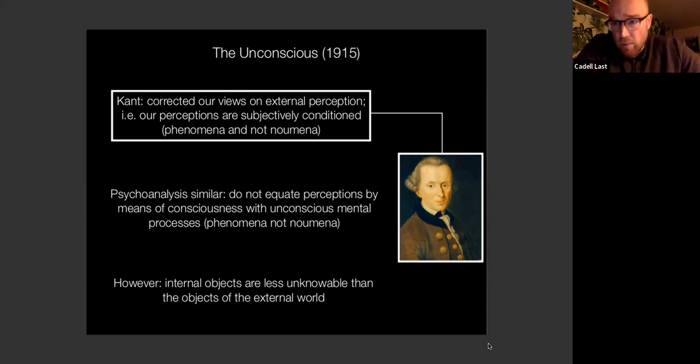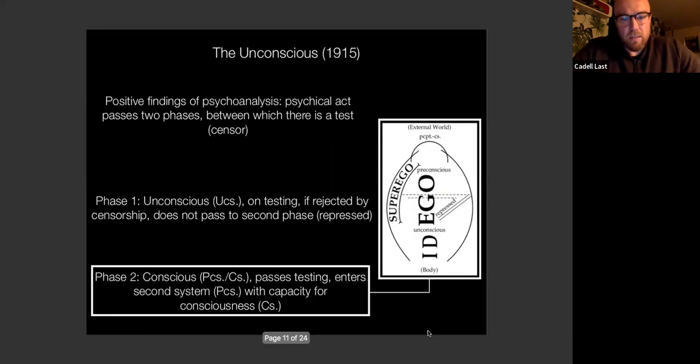Although there can be extreme inner resistance, like humans had extreme inner resistance to accepting the Copernican model of the universe. Humans had extreme resistance to accepting the Darwinian picture of the universe. However, when it comes to the psychoanalytic view of the universe, I think it becomes so intimate that there's even greater resistance.